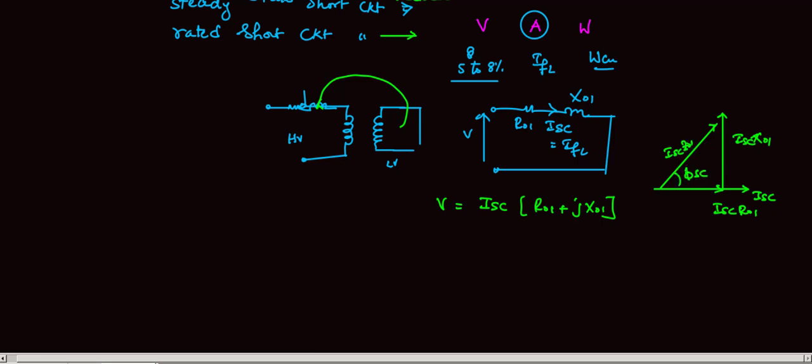This is the short circuit power factor angle. What is cos phi SC? Cos phi SC equals R01 by Z01.